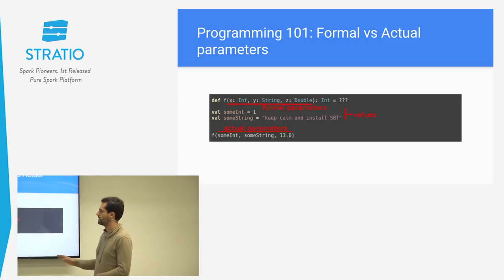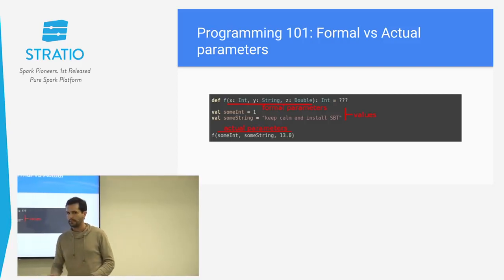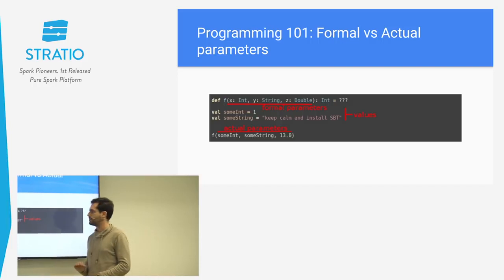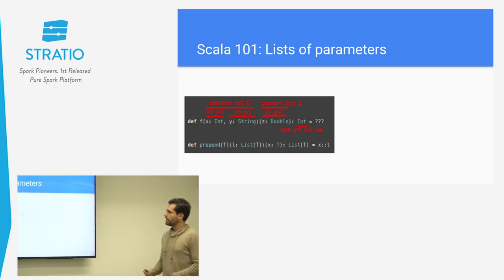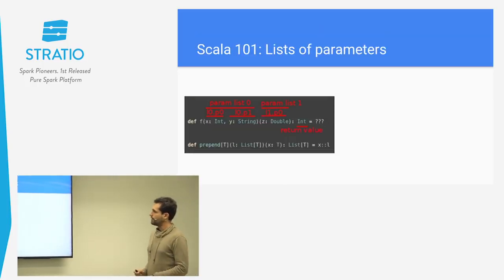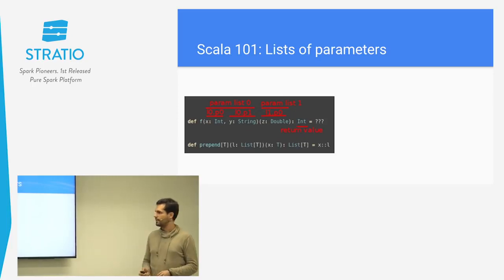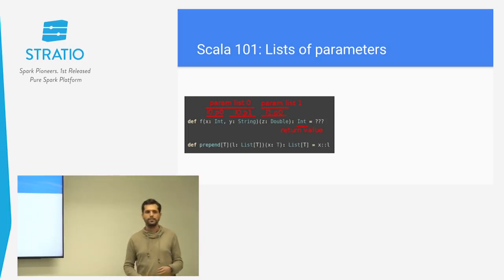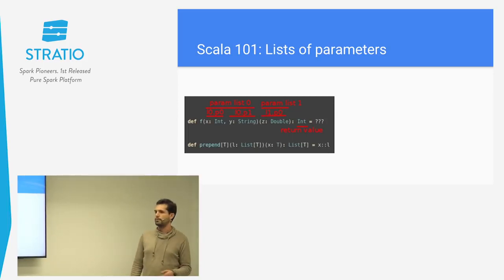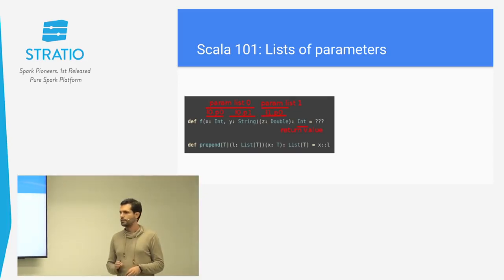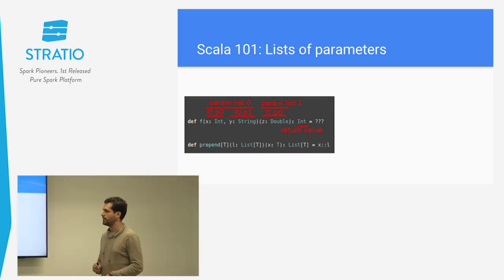We have values, okay? And a value is just a variable, a reference to some value, which isn't going to mutate. The next basic concept that we have to keep in mind is that in Scala, in contrast to C++ or Java or other programming languages, we can have several lists of parameters in our methods, just in our methods, okay?